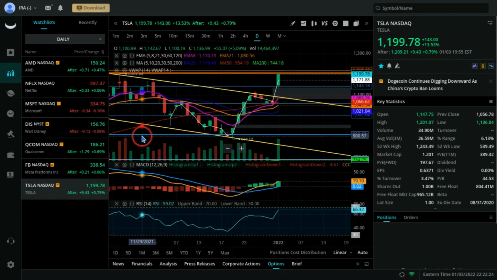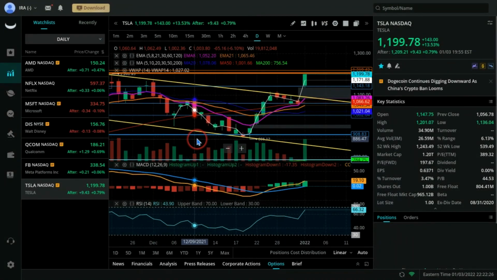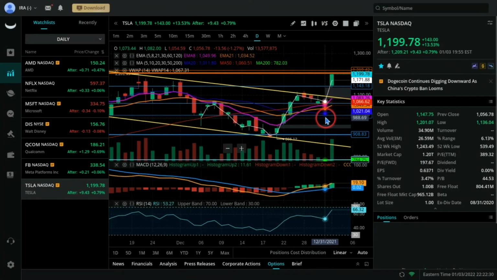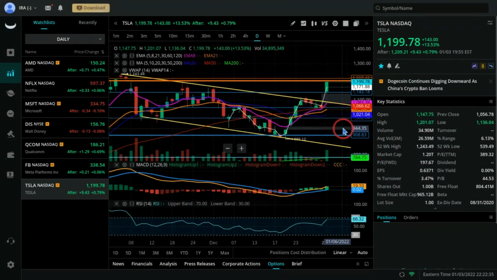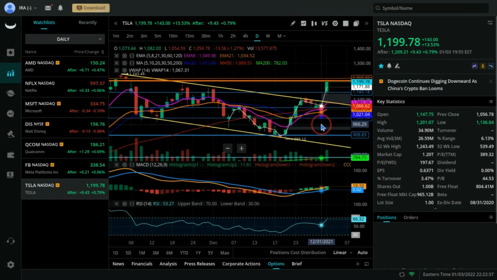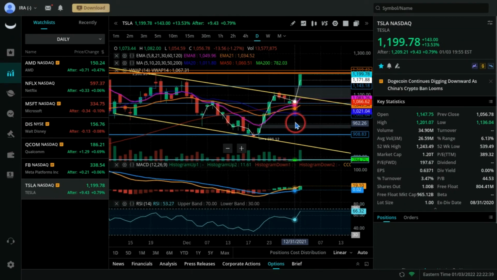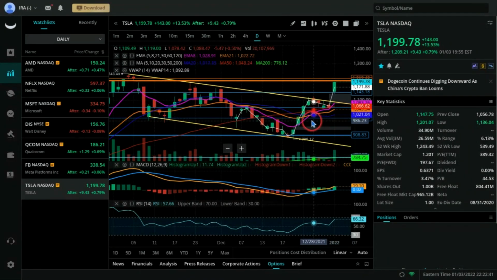But from the news, I really don't see Tesla slowing down right now. If it does come back for a retest, people are probably selling out, taking profit, but it's going to bounce. I really think that. But that's what I'll be watching tomorrow.